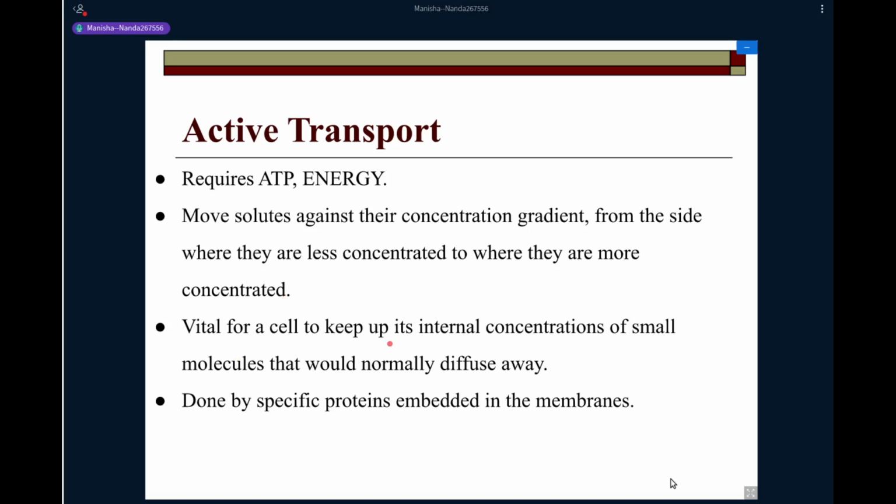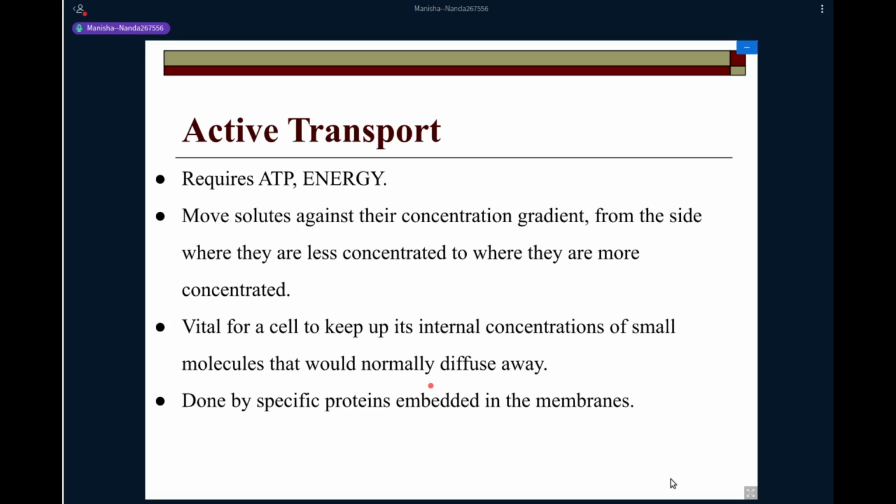These are vital for a cell to keep up its internal concentration of small molecules that would normally diffuse away. Now, sometimes there are certain ions, say for example, inside the cell, whose intracellular concentration is high as compared to their extracellular concentration.